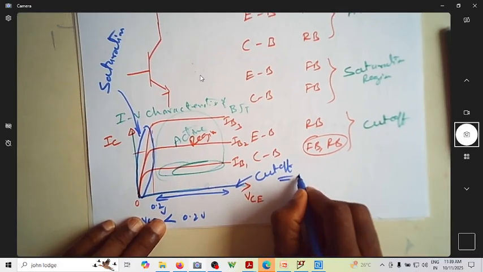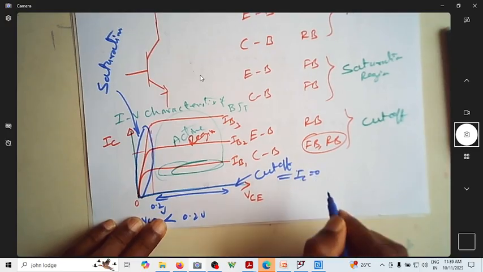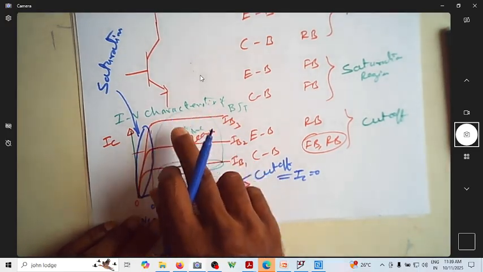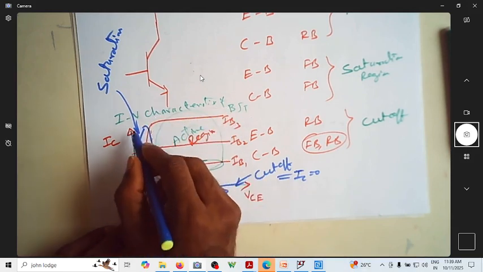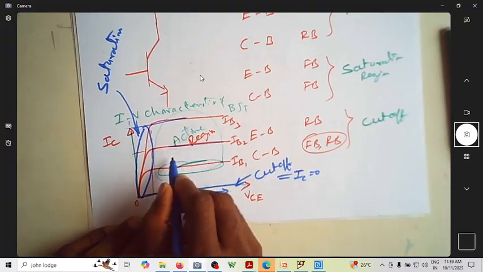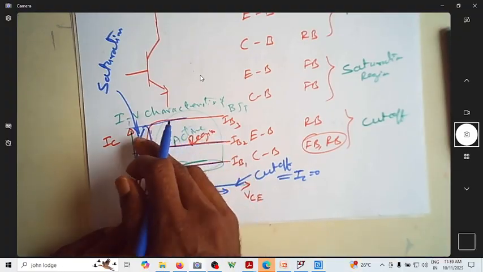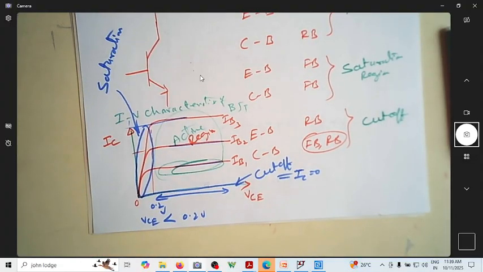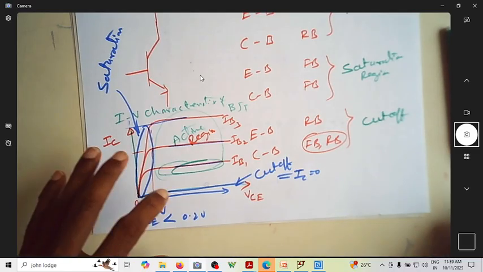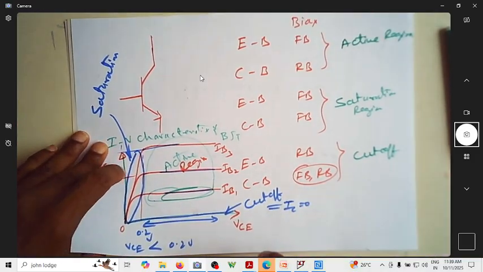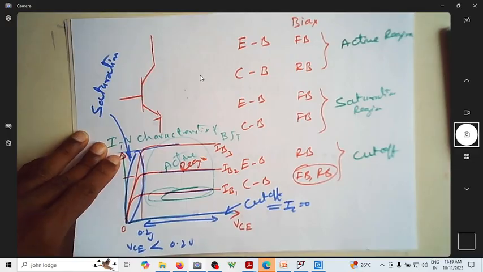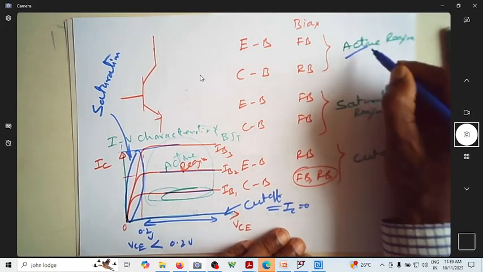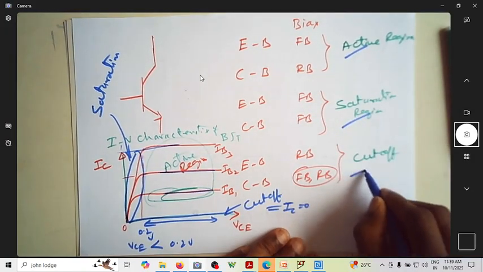In the cutoff region, IC is zero because there is no collector current. In the active region, the collector current is almost constant. Can you see it's almost constant here? Whereas in the saturation region, the current reduces as you reduce your VCE value. So these are the three regions of operation of the BJT: active, saturation, and cutoff.